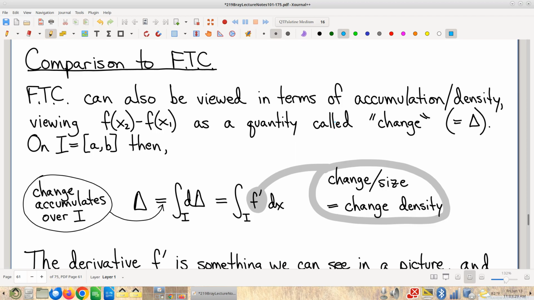Think of it as a formula for how to represent this accumulating quantity called change, and how to represent that as an integral of change density. I know that's a very weird take, but it sure is handy when we're trying to understand vector calculus.